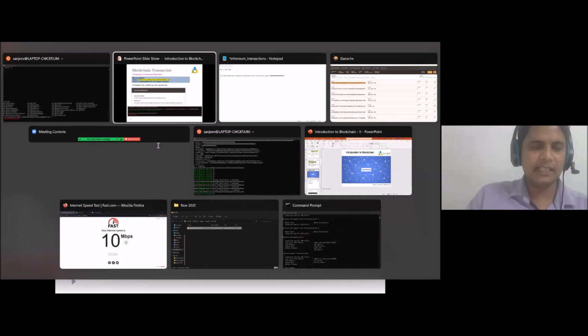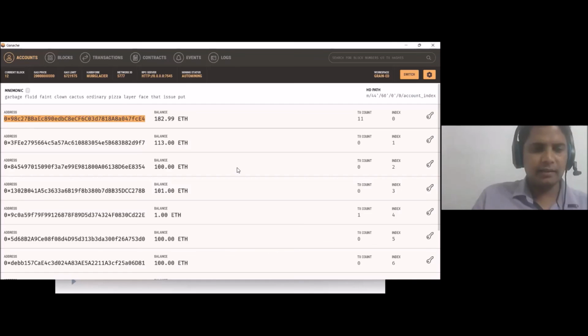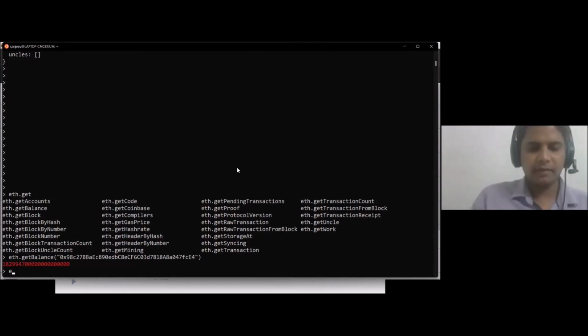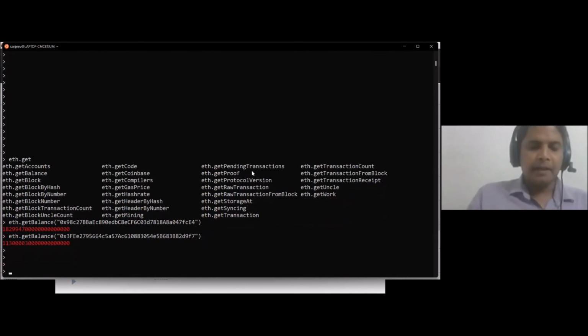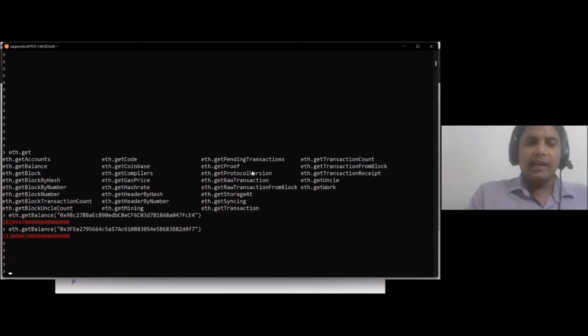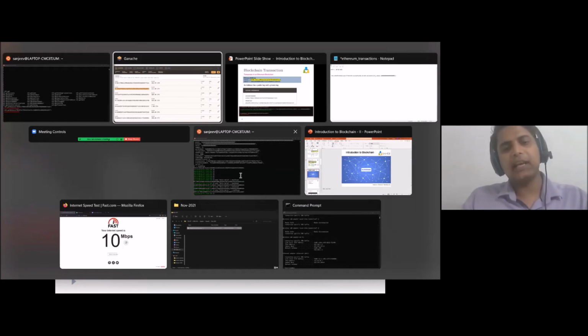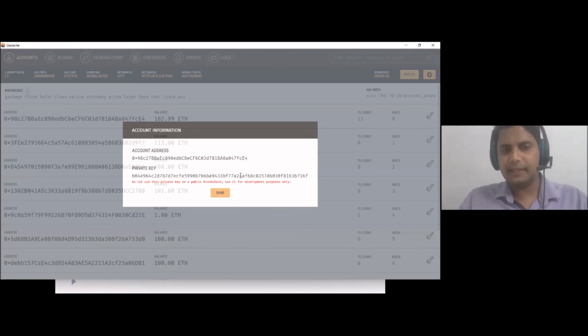I'll copy this and show you this value also. It will say 113. So normally I have these two addresses, and I also hold the private keys of these.